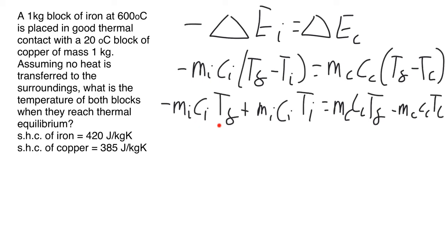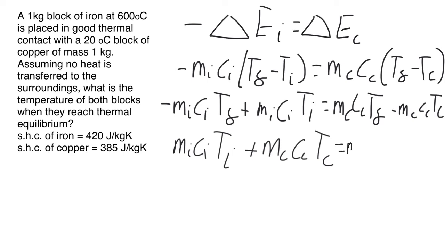I'm now going to move all the terms with a Tf in it over to the right hand side, and all the terms that don't have a Tf in it, which will be this term and this term, over to the left hand side. That leaves us with Mi Ci Ti plus Mc Cc Tc will equal Mc Cc Tf plus Mi Ci Tf.